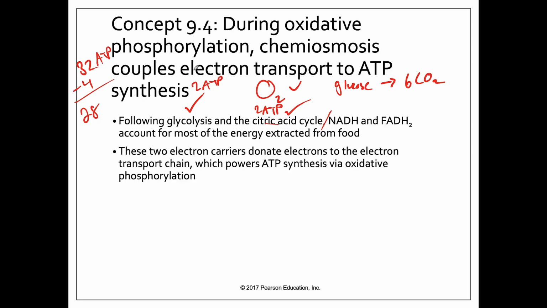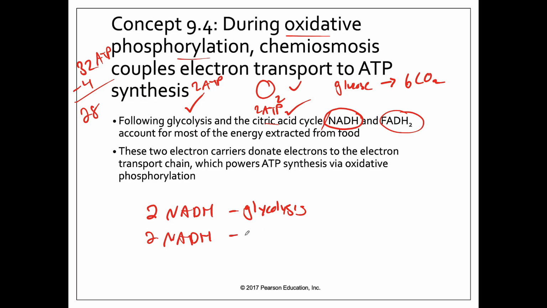And those are all going to come from oxidative phosphorylation. And the place that we're going to get the energy for this oxidative phosphorylation is the NADHs and the FADHs. So what we should have right now is we should have 2 NADH from glycolysis. We should have 2 NADH from the pyruvate oxidation.